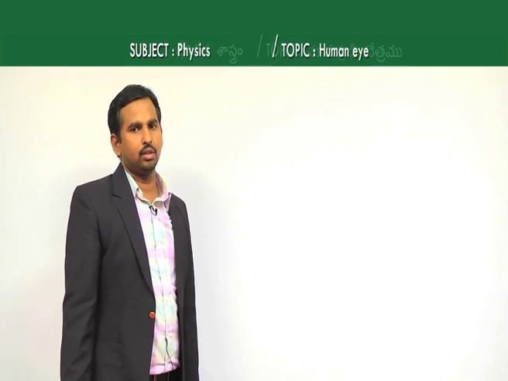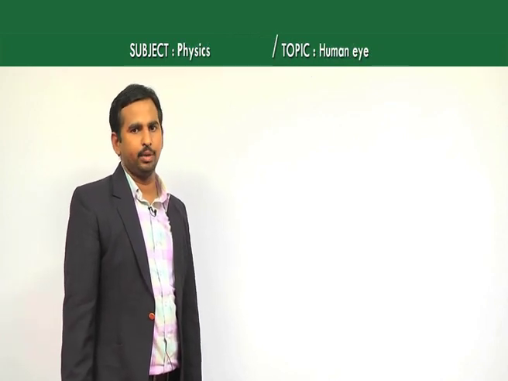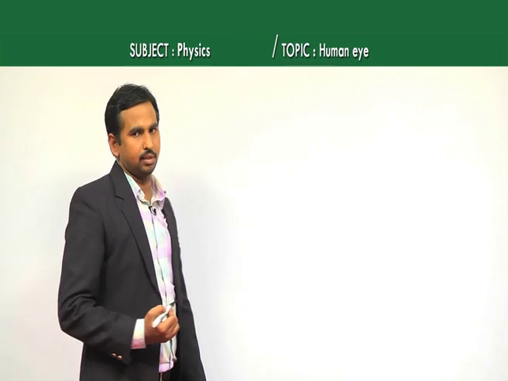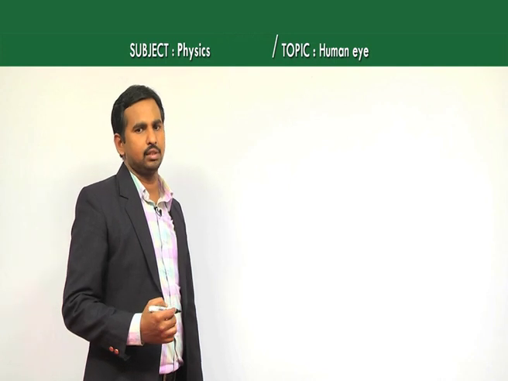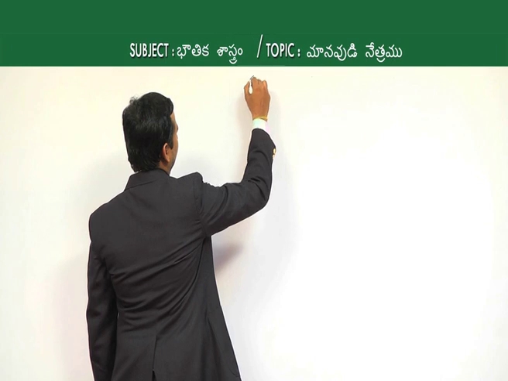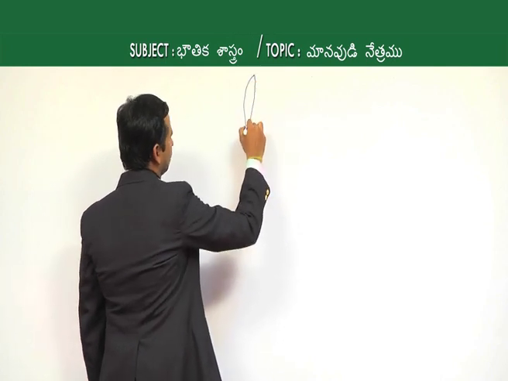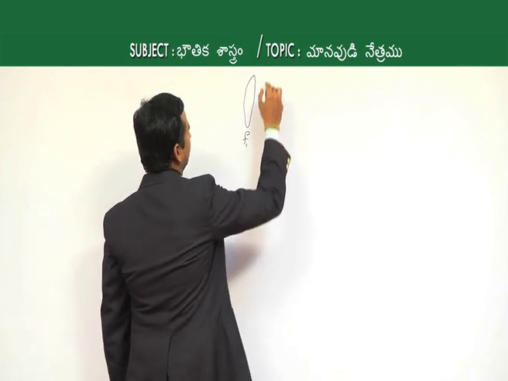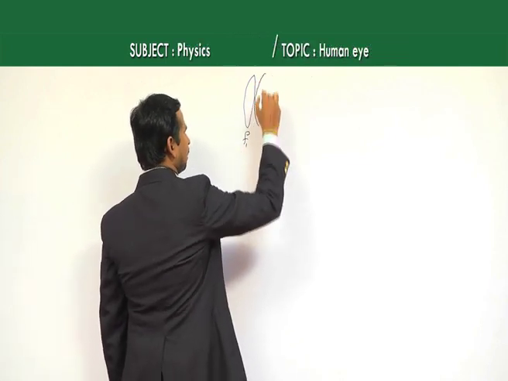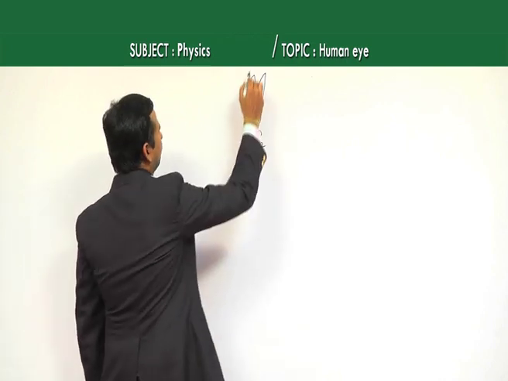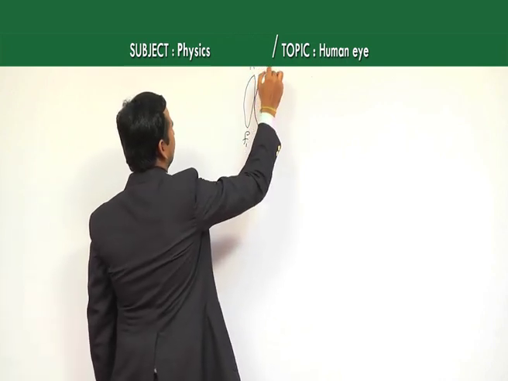Now, we have already seen how to do the numericals for myopia and hypermetropia. Another important point about power is when you are using two lenses at the same time. Let us suppose you have a convex lens with focal length f1 and another convex lens with focal length f2, having powers p1 and p2.